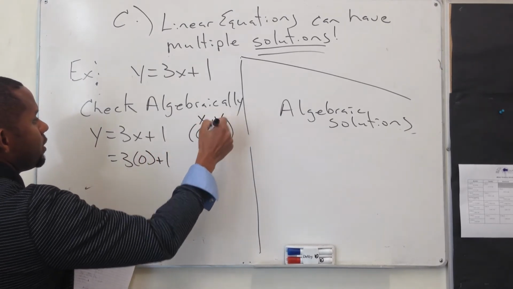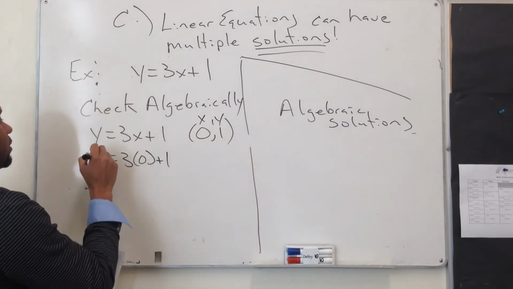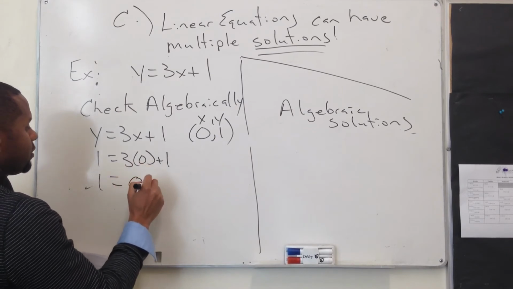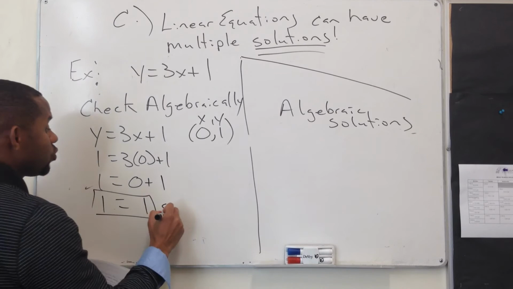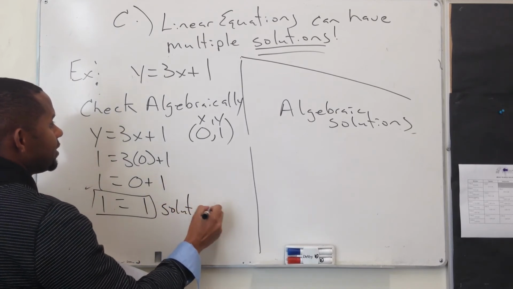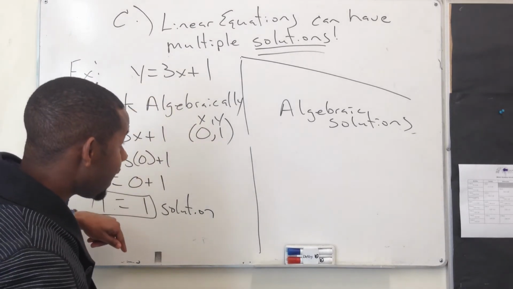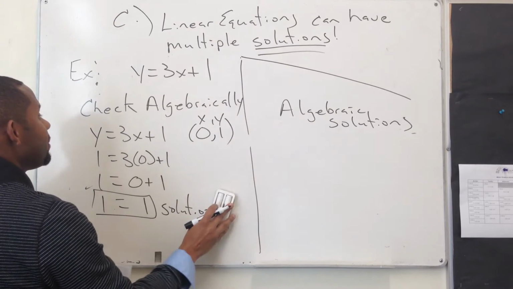Y, remember, every point has an x and a y value. 3 times 0 is 0. 0 plus 1 is 1. 1 equals 1. So it is a solution. That point 0, 1, which landed on the line, once I found that and plugged it in, it works, so that makes it a solution.